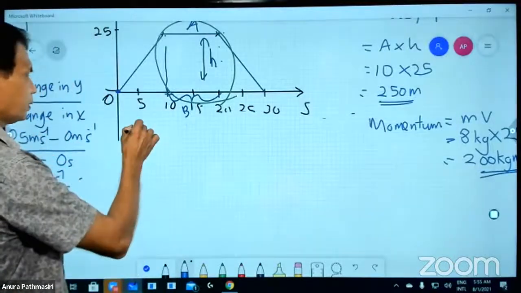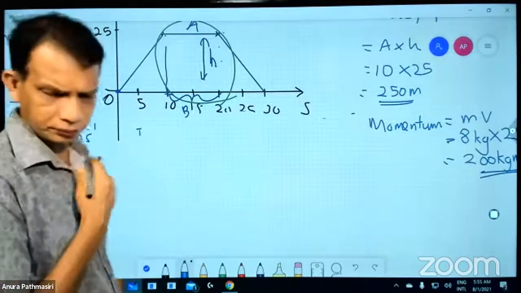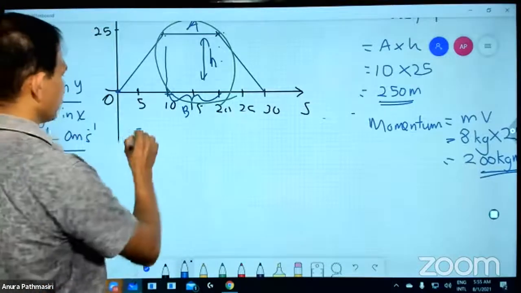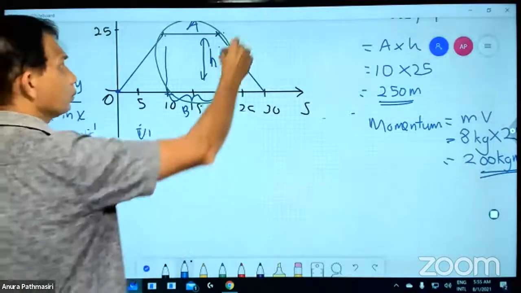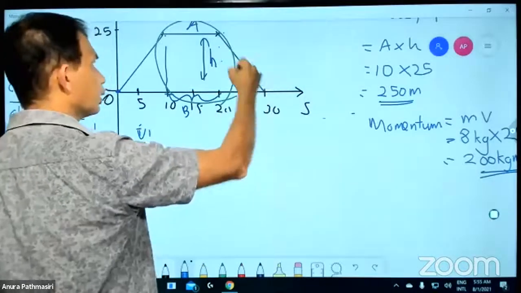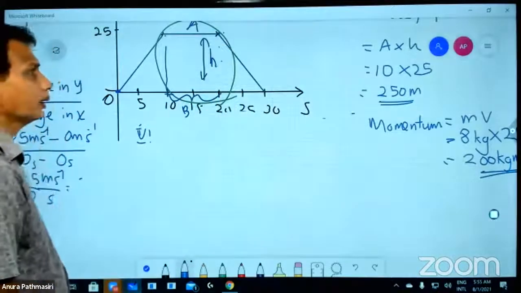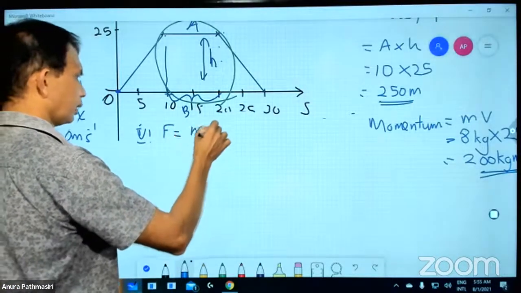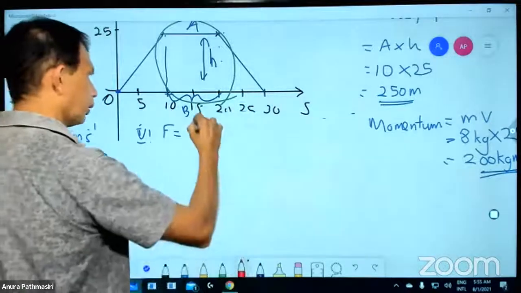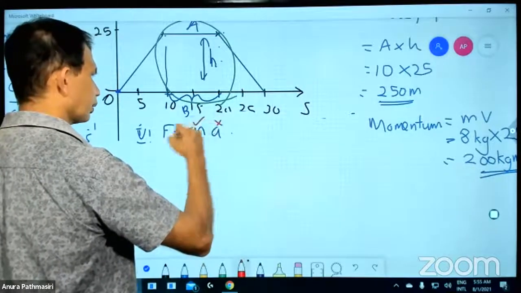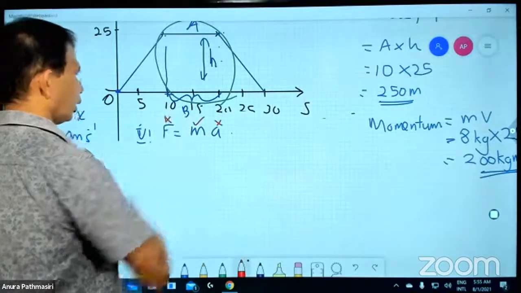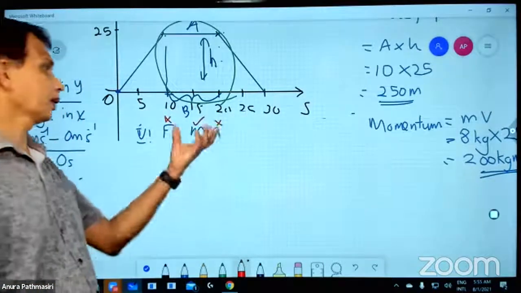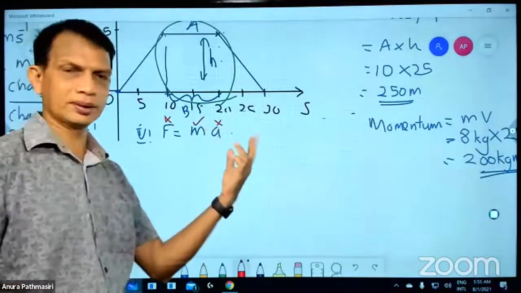This is a 4-5-6 mark question. First, you have to find out the deceleration. As we want to use F equal ma, and we know m, but we don't know acceleration, we don't know F. So there are two unknown factors here.